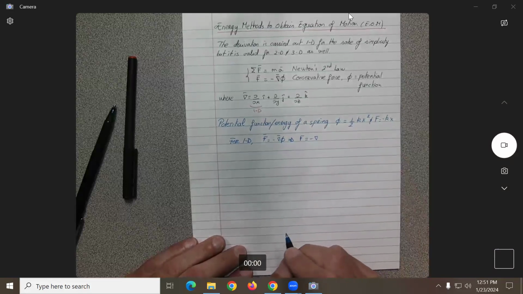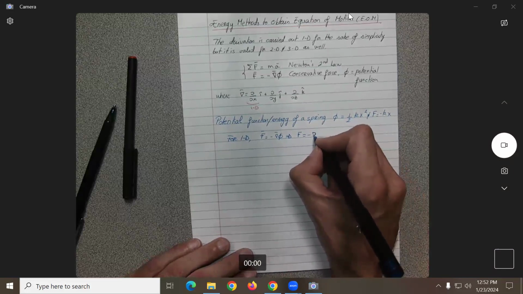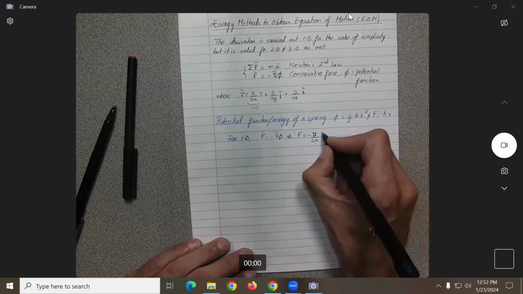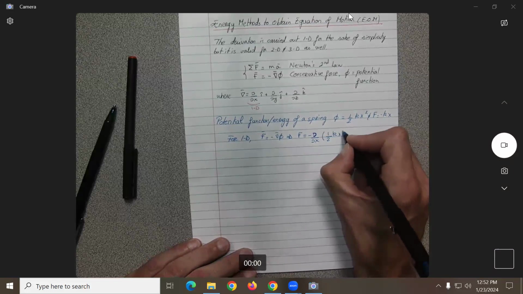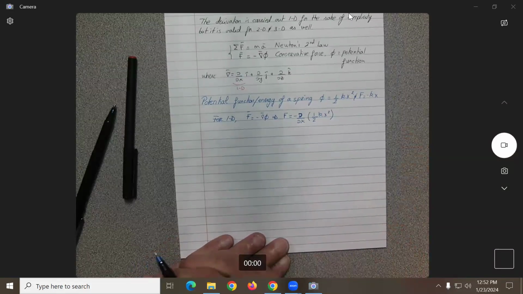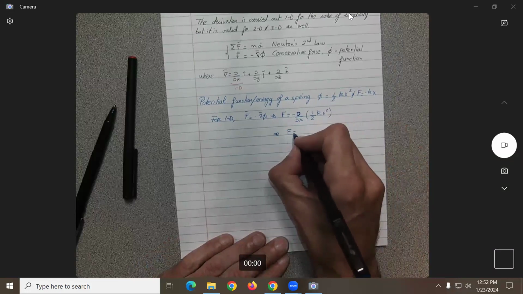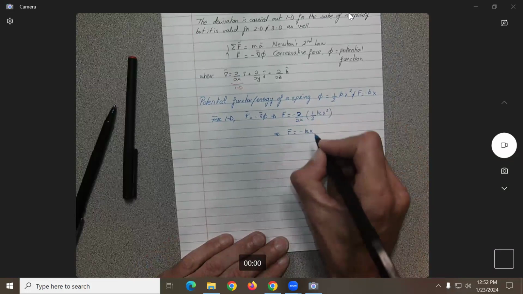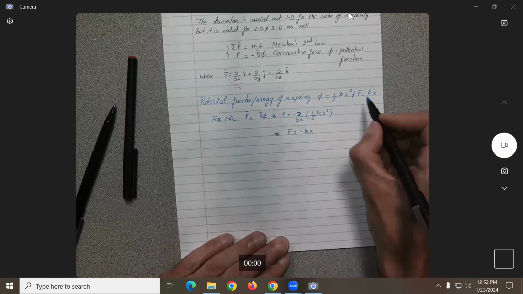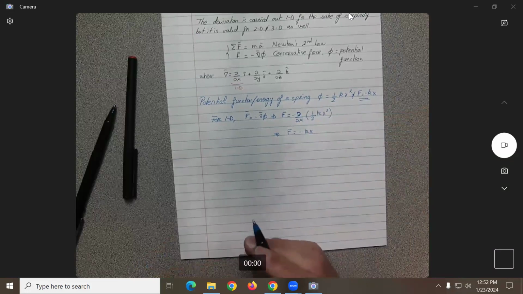Minus partial phi partial x. What is the potential energy for the spring? 1/2 kx squared. If you take this derivative, what do you get? Minus kx, which is the force of the spring, no? So this is valid. Okay?